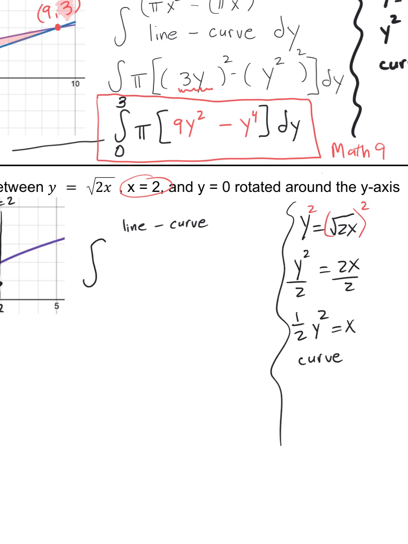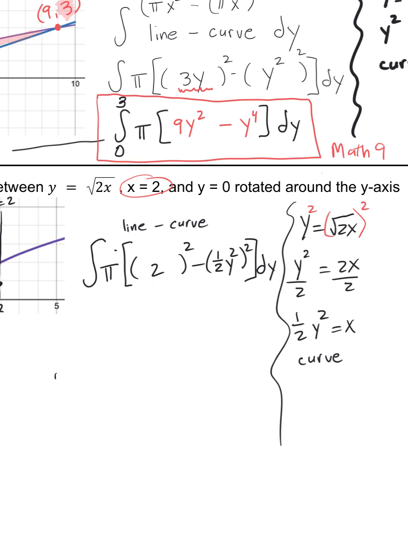All right, so we need pi factored out. Then we need our two rings. We need an x squared minus an x squared. So if we do the line, we just plug in 2 squared, and if we do the curve, we plug in 1/2 y squared. So again, it's all y's and dy's here.